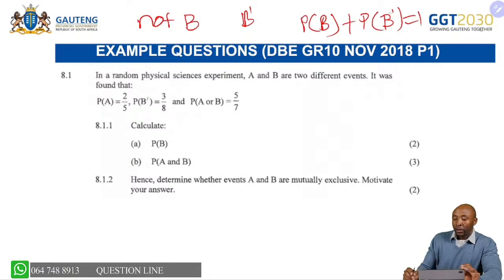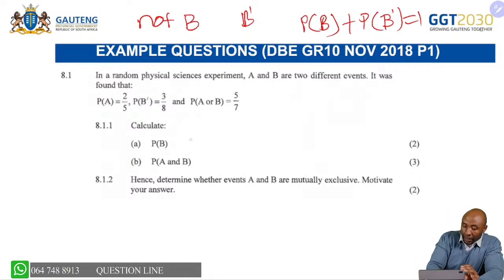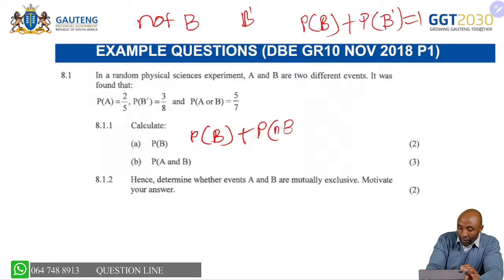So, to calculate the probability of B, we are going to use complementary events. So, we know that the probability of B plus the probability of not B is equal to 1.